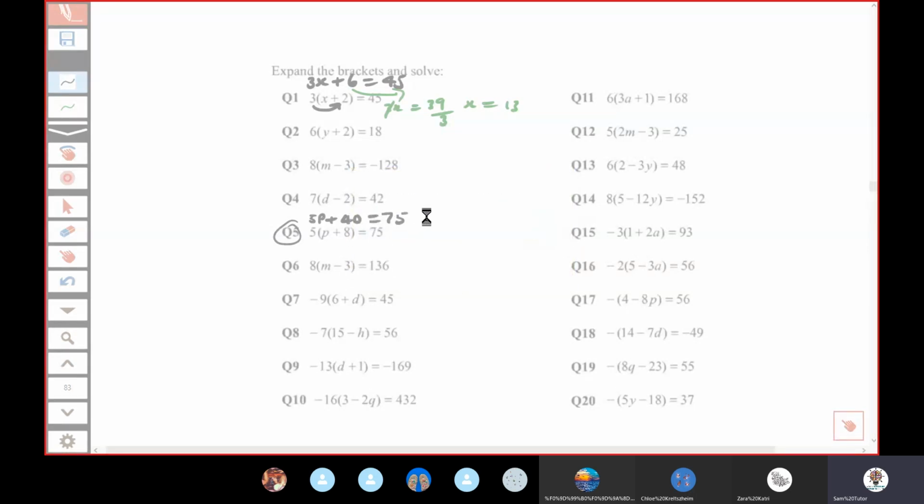Is it dead? Looks like it's dead. Yep, I think I did.